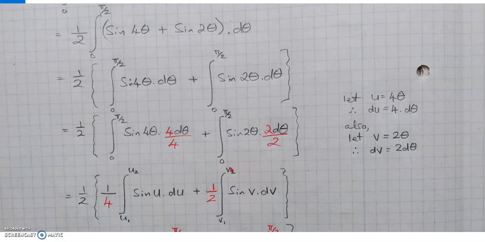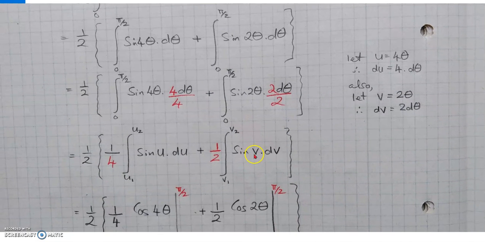Okay? All right, so now you can see how we have reduced everything to two very simple looking integrations. Okay, so clearly this is the derivative of cos u, and that is the derivative of cos v. So that's what the next line looks like.